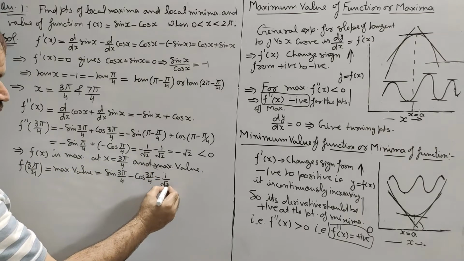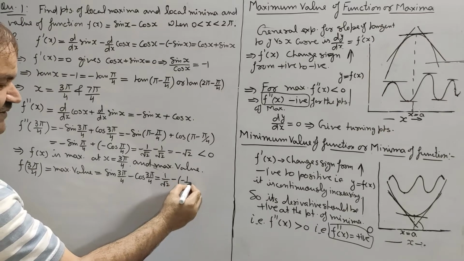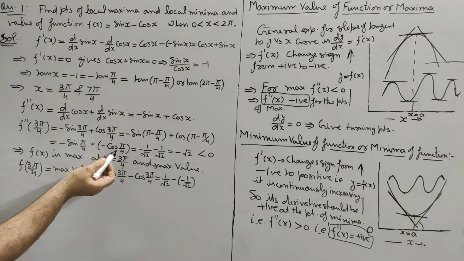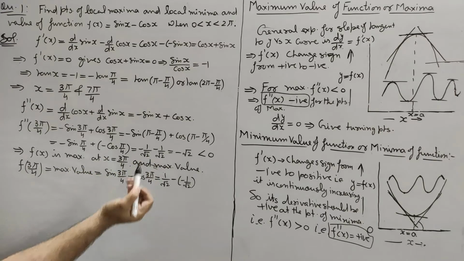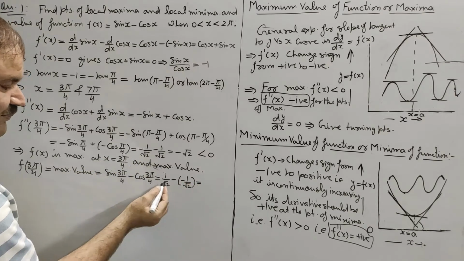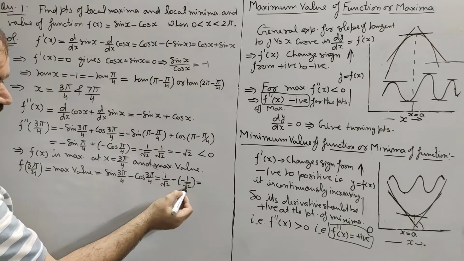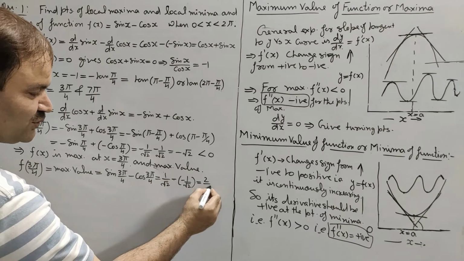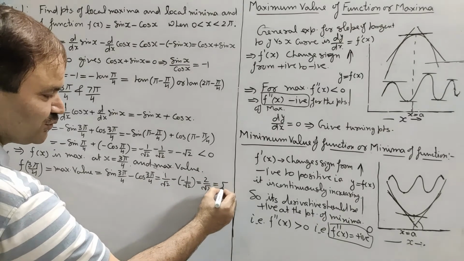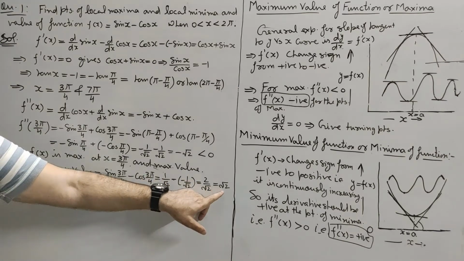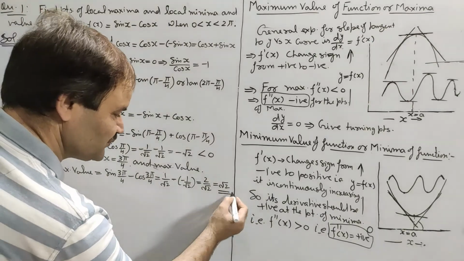So 1 by root 2 minus 1 by root 2, because cos 3 pi by 4 we obtained was minus 1 by root 2. So it will become minus minus plus, so 2 by root 2, and 2 by root 2 will give root 2. So the maximum value of function will be at x is equal to 3 pi by 4, and that maximum value will be root 2.